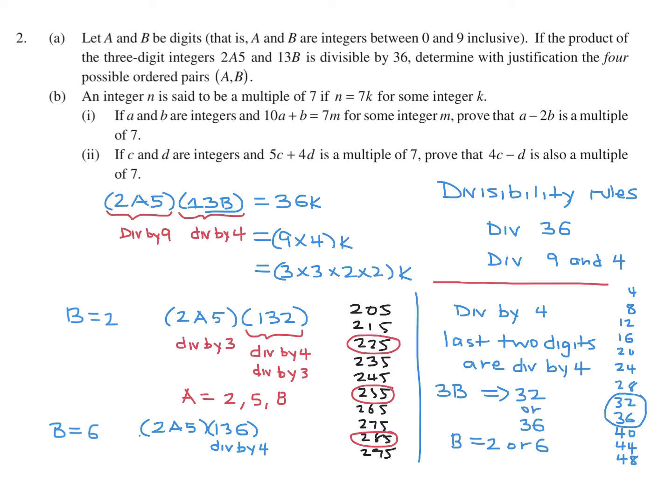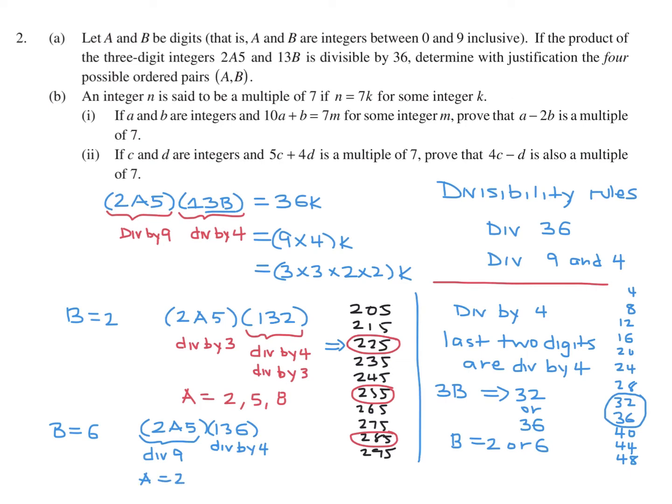So that means this whole guy has to be divisible by 9. It has to take the responsibility of being divisible by the other party. So we go back to this list and see which number is divisible by 9. The only one is 225, so a in this case is 2.